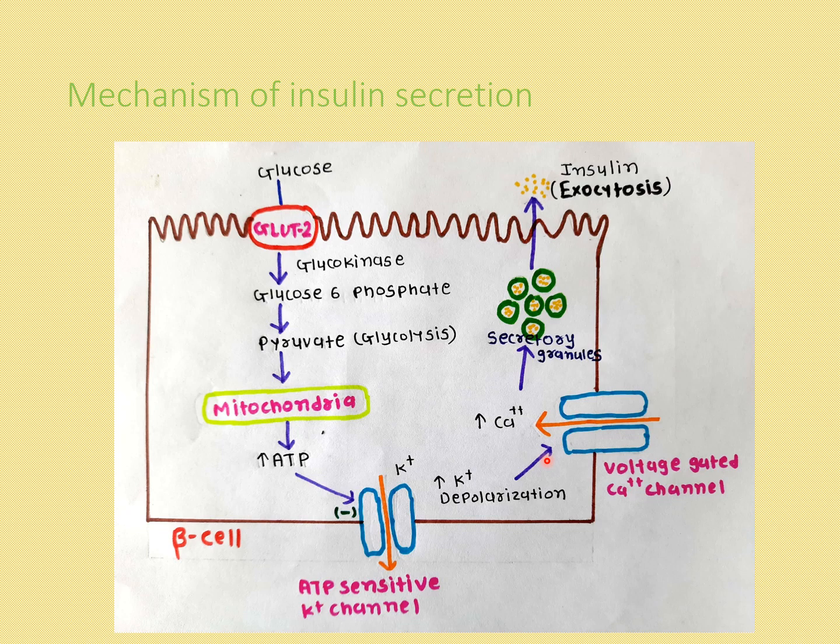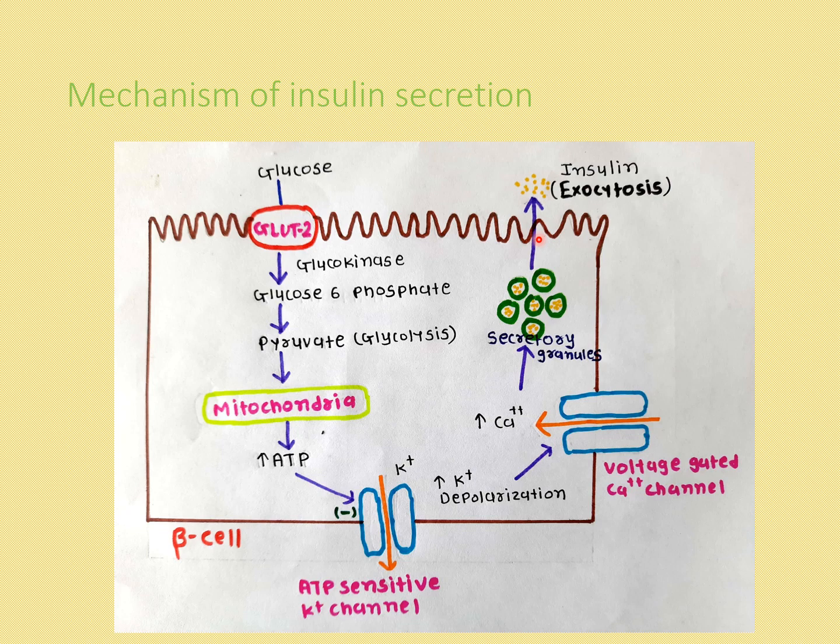So voltage gated calcium channel gets open, and there is increased influx of calcium. So we have calcium ion inside the beta cell, which leads to fusion of insulin containing secretory granules with the cell membrane and release of insulin into blood by exocytosis process.